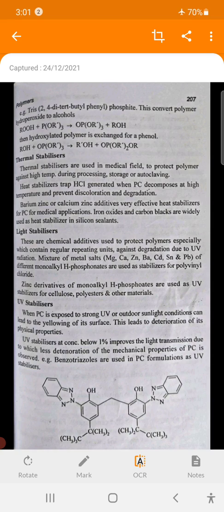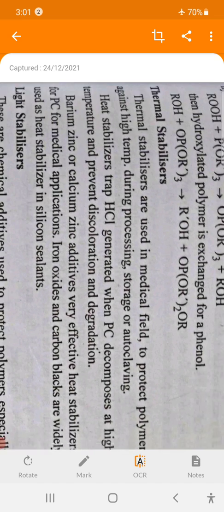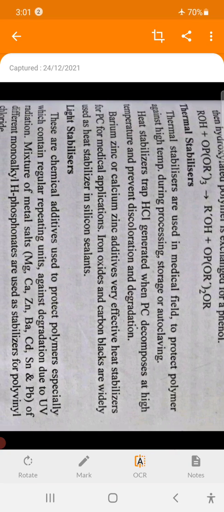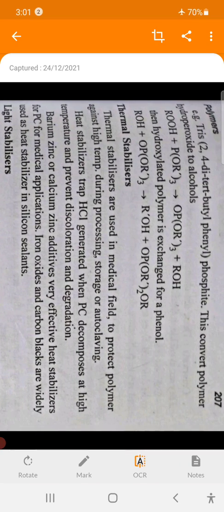Next is thermal stabilizers. There are some stabilizers used to improve the quality of polymer materials. First are thermal stabilizers, that are used in the preparation of polymer-based medical equipment.